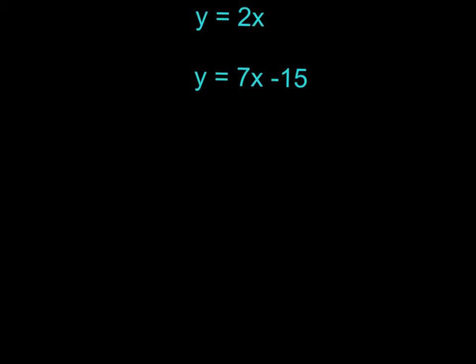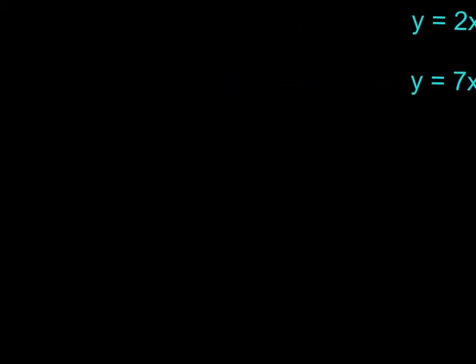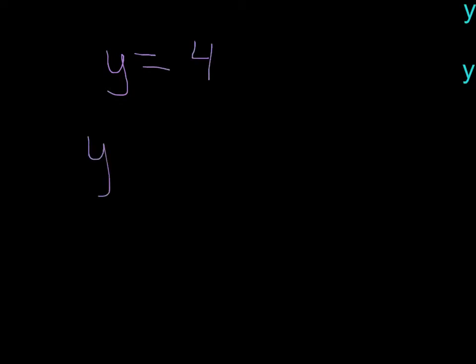So here we have a system of equations, y equals 2x and y equals 7x minus 15, and we have to substitute one equation into the other. But I'm just going to take a quick break from those equations, and I just want you to think about, what if you have y equals 4 and then y equals 2x plus 1?